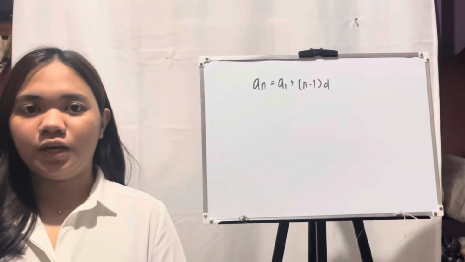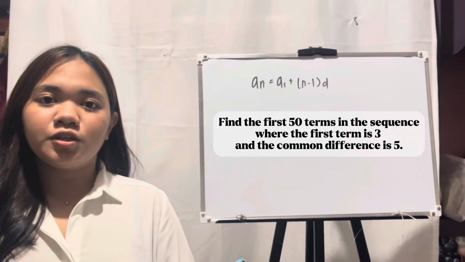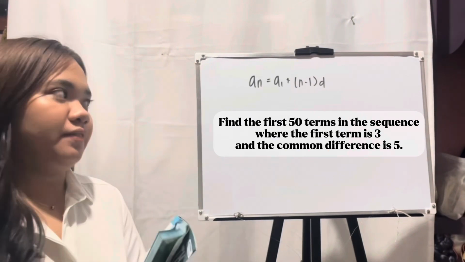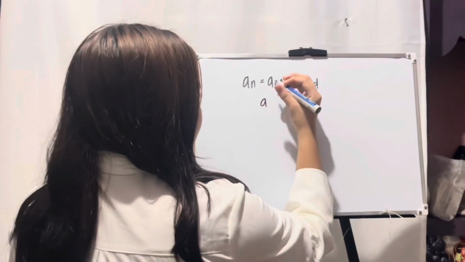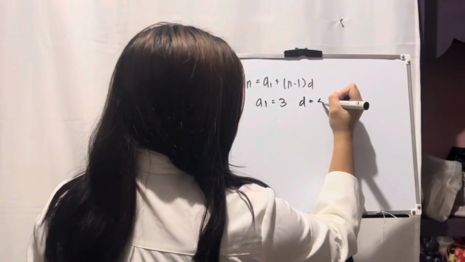I have an example here. Find the first 50 terms of the sequence when the first term is 3 and the common difference is 5. So our a sub 1 is 3, our common difference is 5.